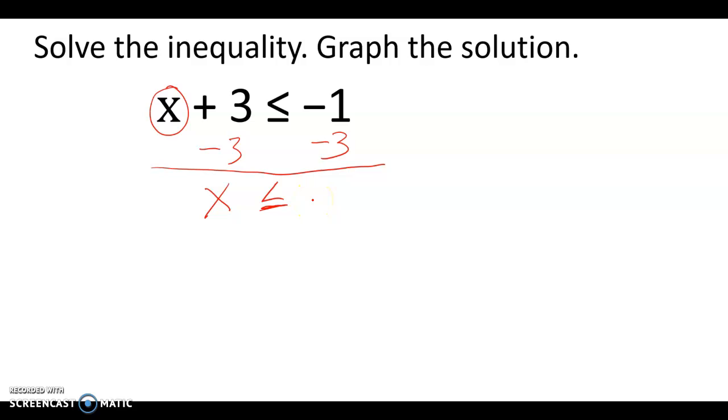Check that. What is negative 1 minus 3? Negative 4. That means on your number line, you'd find the negative 4. The circle would be closed because it does say equal to. That little line right here means equal to. That means you shade the circle. And less than goes to the left.